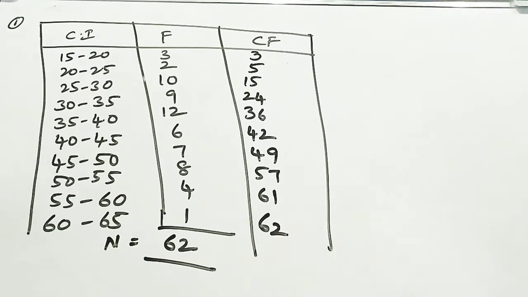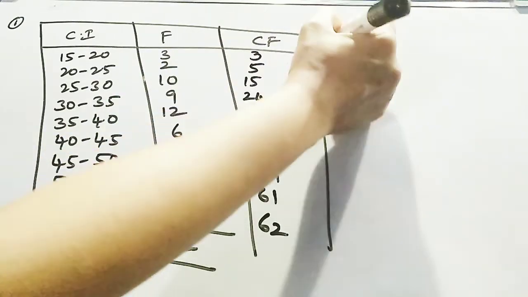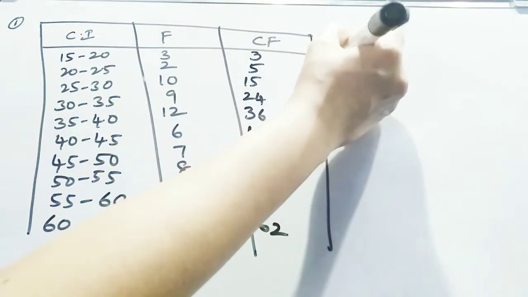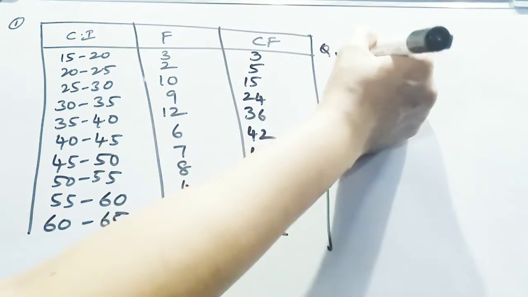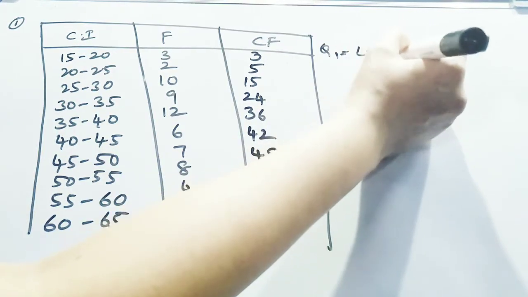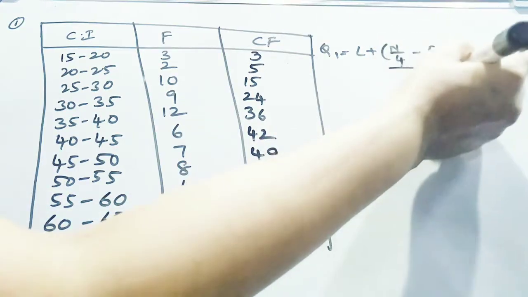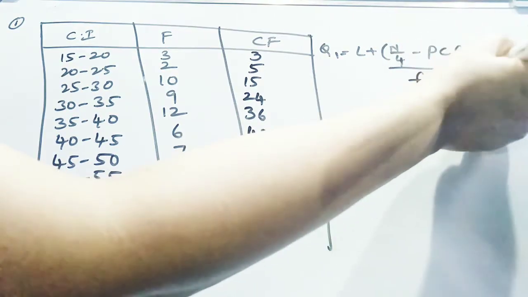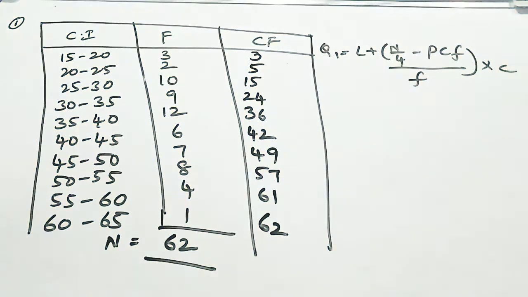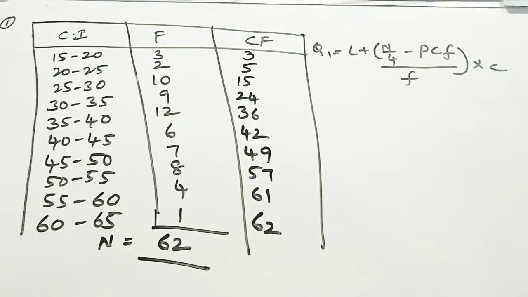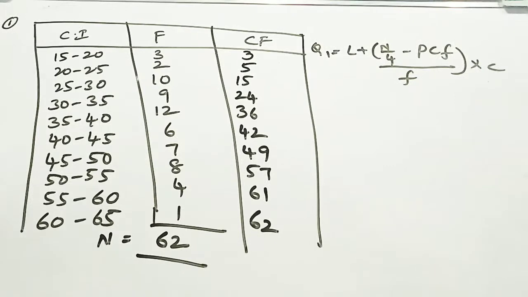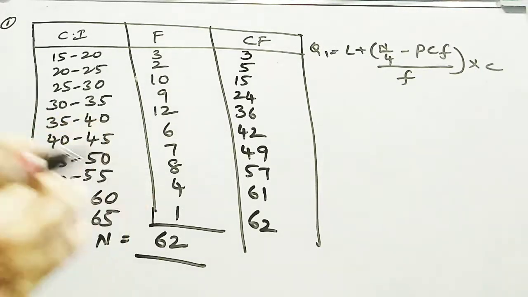So what you have to do is find Q1. What is your Q1? L plus n by 4 minus preceding cumulative frequency, divided by frequency, into class interval. How will you find the frequency?